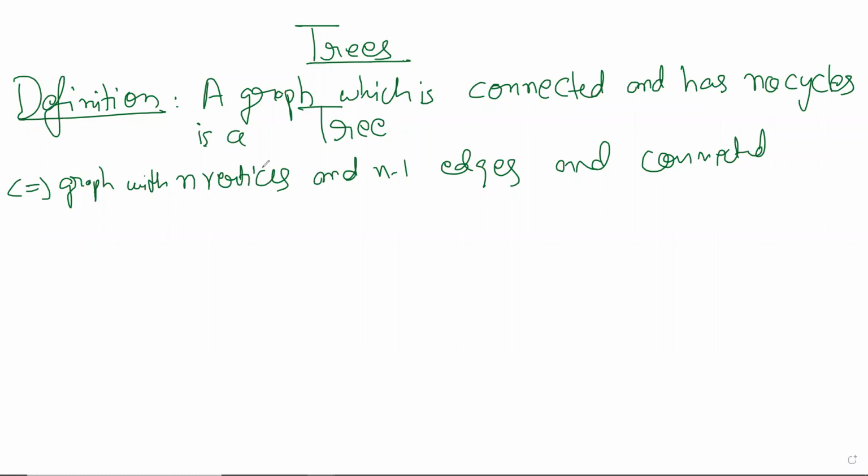Basically, the idea is the minimum number of edges needed to make an n vertex graph connected. And the other way is n minus 1 edges, n vertices and no cycles. That's another definition, and we can go on, but we don't need this one. So these are the varied definitions.